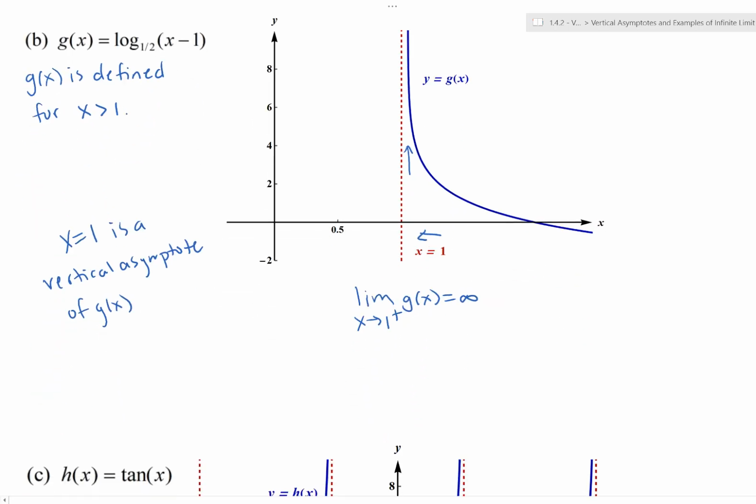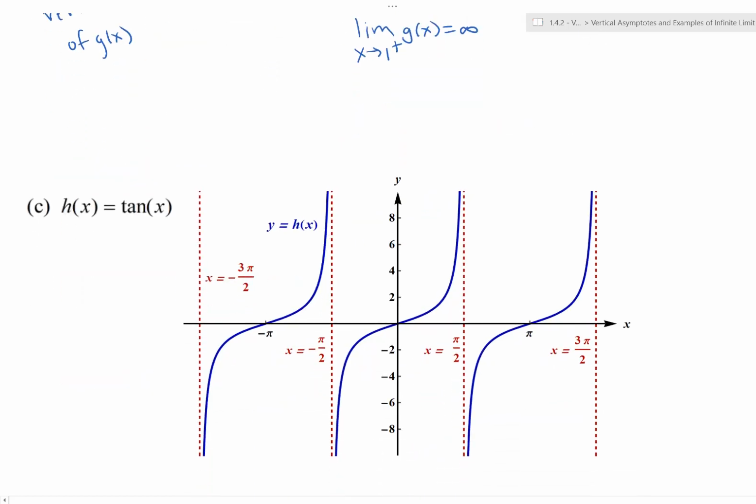So that's an example. And then finally, the last example is one where, hey, you know what? There are functions that exist that have infinitely many vertical asymptotes, including our elementary tangent function here. h of x is tangent of x. So I've just shown a little graph here of some of them. Clearly, it goes on like this forever in the negative and positive directions. But this is a case where we have infinitely many, right?